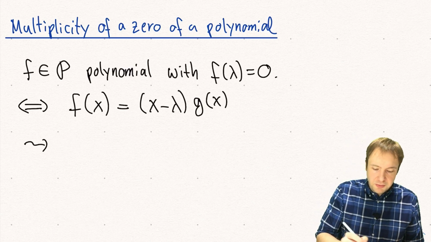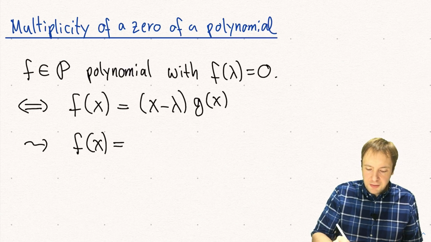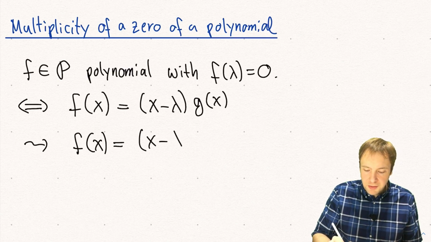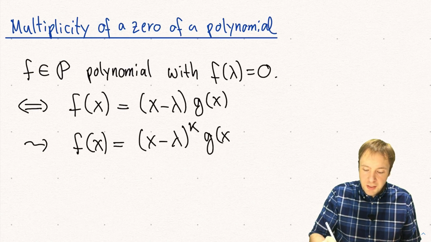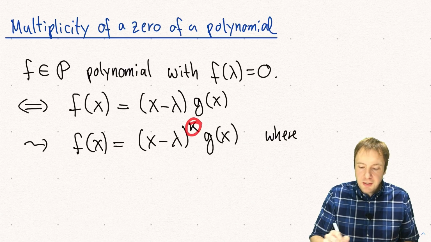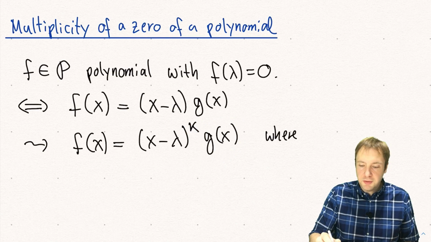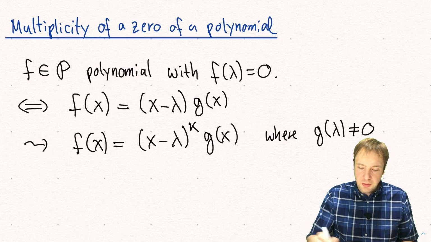So in general, I will be able to write f as some factor (x minus lambda) to the k times some polynomial g of x. But now I choose the maximum k, meaning that this lambda is not a zero of this polynomial g anymore, where g of lambda is not 0.